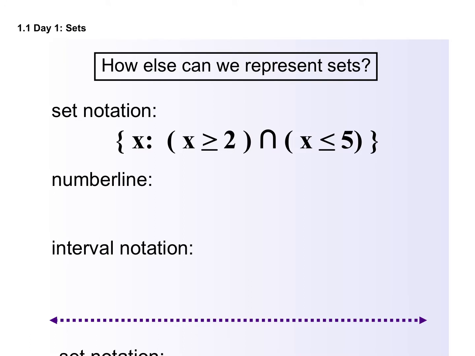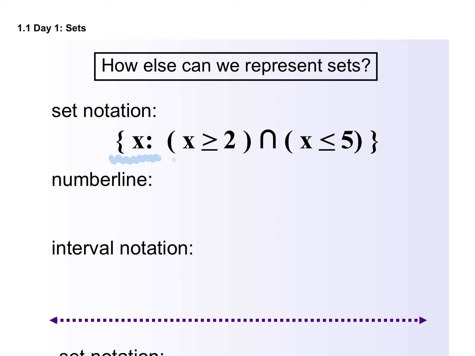So let's take a look at a set in more detail and talk about other ways we could represent this set. Here on this slide, we have a very similar set to the one on the previous slide. However, one thing has changed, and we'll get to that change in a second. But again, you would read this as the set of all numbers such that, and then after the colon, we have the characteristics that need to be met in order for that number to be included in this set.